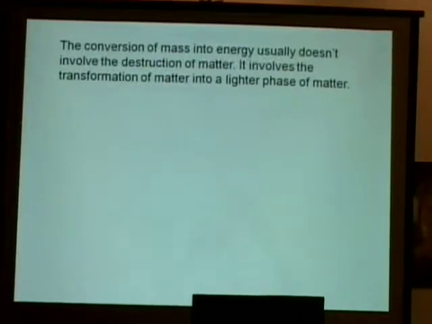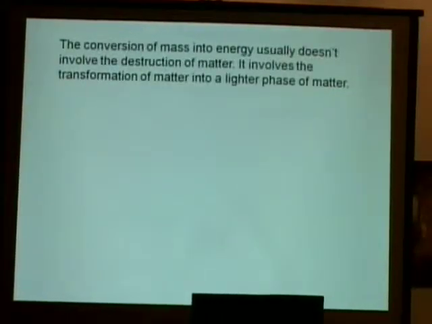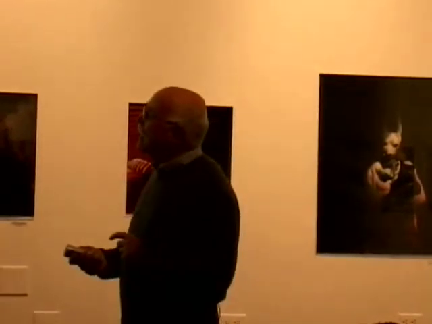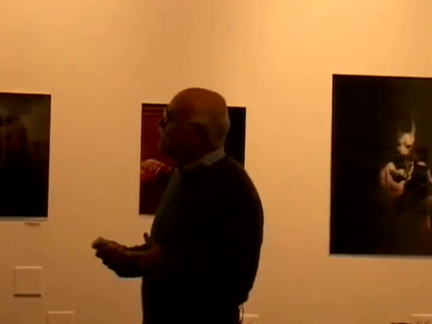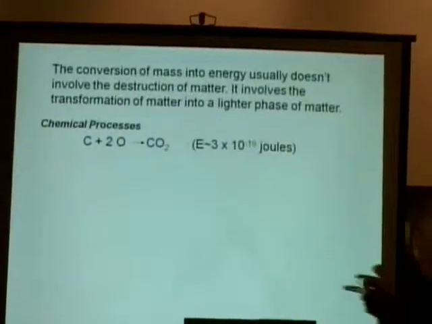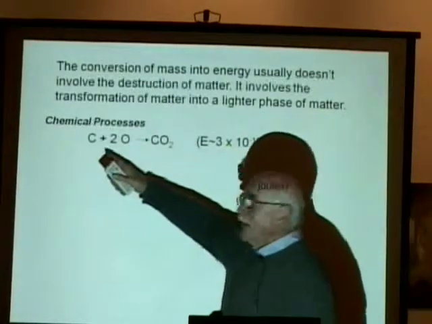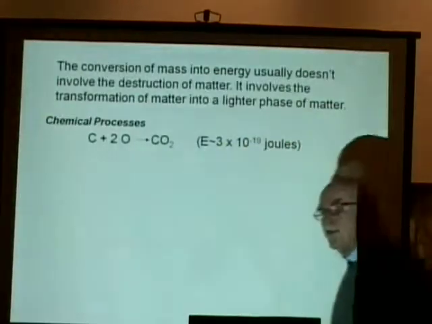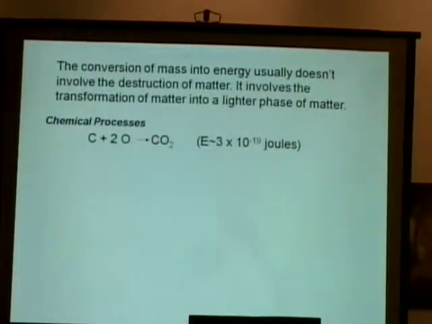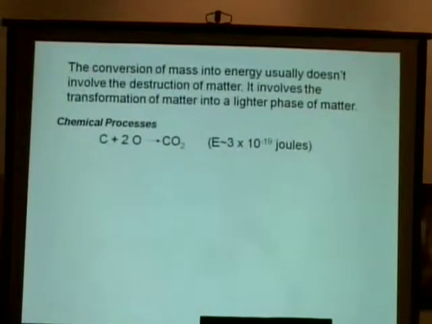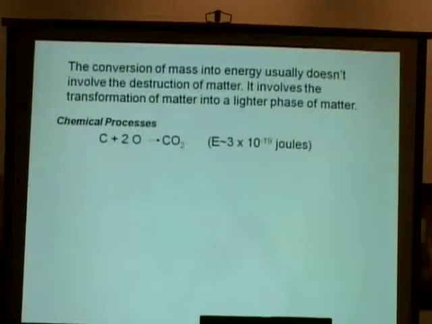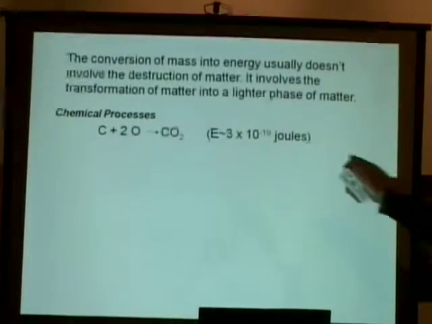So, the conversion of mass into energy usually doesn't mean that you annihilate the mass and it's gone. Not every time. I'll show you the example where it does. It usually involves just a transformation of the matter into a lighter phase of matter. So take the chemical process that's supposed to be causing all this difficulty in climate change, a carbon atom uniting with two oxygen atoms when you burn coal to make carbon dioxide, and that generates a little bit of energy.